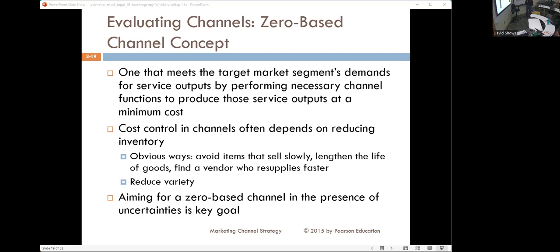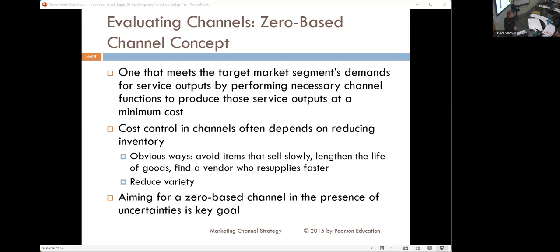Or in other words, doing more than we have to do. It's vitally important that we understand where the consumers are and where they're going, because as I've said before, we're talking about a lot of money and we need to be very careful about the way that we spend it. This is what's known as the zero-based channel concept. All right.